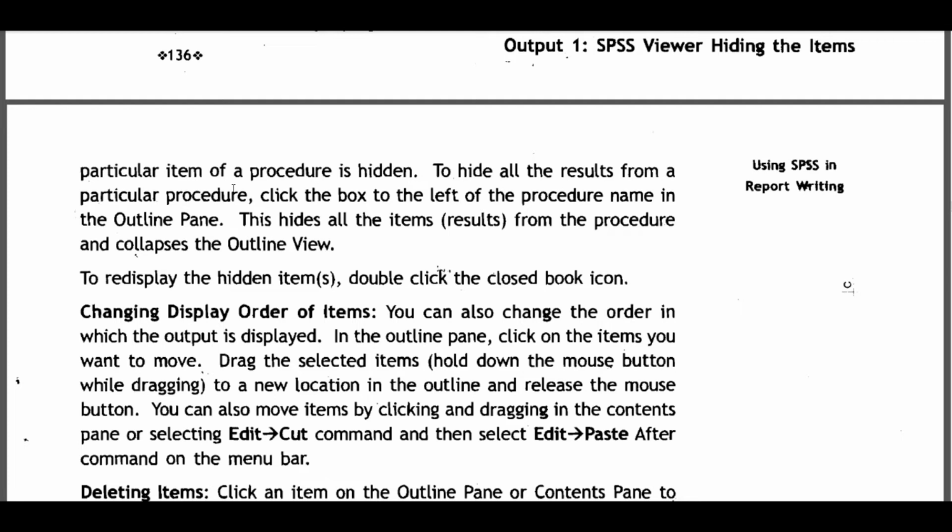To hide all the results from a particular procedure, click the box to the left of the procedure name in the outline pane. This hides all the items resulting from the procedure and collapses the outline view. To redisplay the hidden items, double-click the closed book icon.